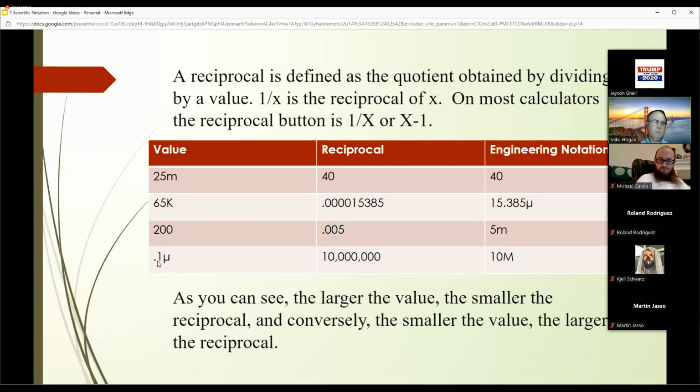If it was 0.1 micro, you might as well move it 9 spaces, and it would be 100 nano. But in terms of the actual value, it's the same, a really small number. If I divide 1 by that small number, I get 10 million, which is 10 times 10 to the 6, which is mega. So 10 meg.